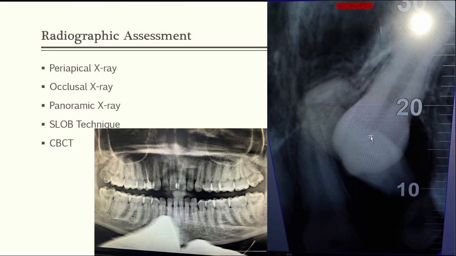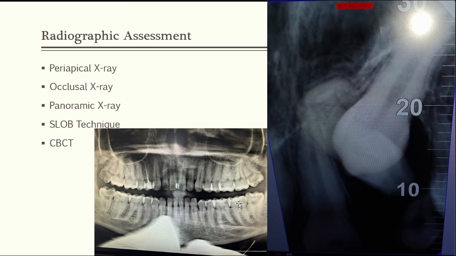Now we can use two periapical X-rays to assess the impacted canine with the slope technique: same lingual, opposite buccal, meaning we shift the tube of the X-ray in a mesial or distal direction. If the tooth moves in the same direction as the shift, then it's palatal or lingual. If it moves in the opposite direction, it's buccal or labial. So same lingual, opposite buccal.